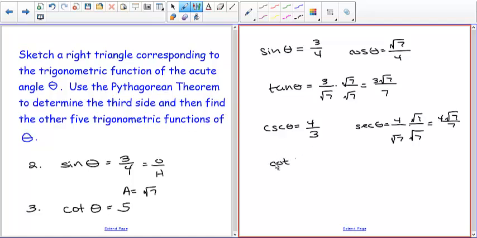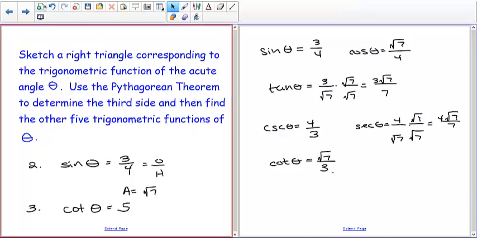And then the cotangent of theta, well, what we could do is just take this original part. We had simplified it to get rid of the square root in the denominator, but here we can just take the unsimplified version and then flip it, and then it's exactly what we're looking for. So that's the cotangent of theta.